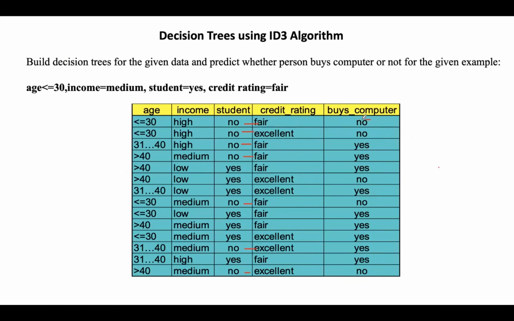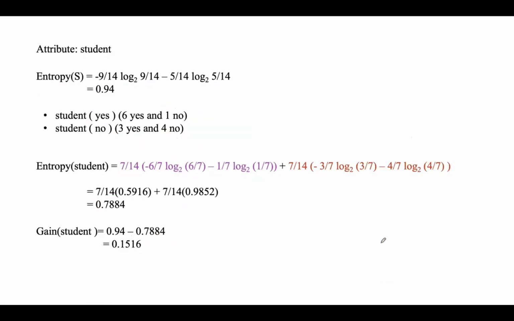Out of 7, for student no, the number of no's is 1, 2, 3, 4, so 4 no's and 3 yes. So 3 yes and 4 no for student no.